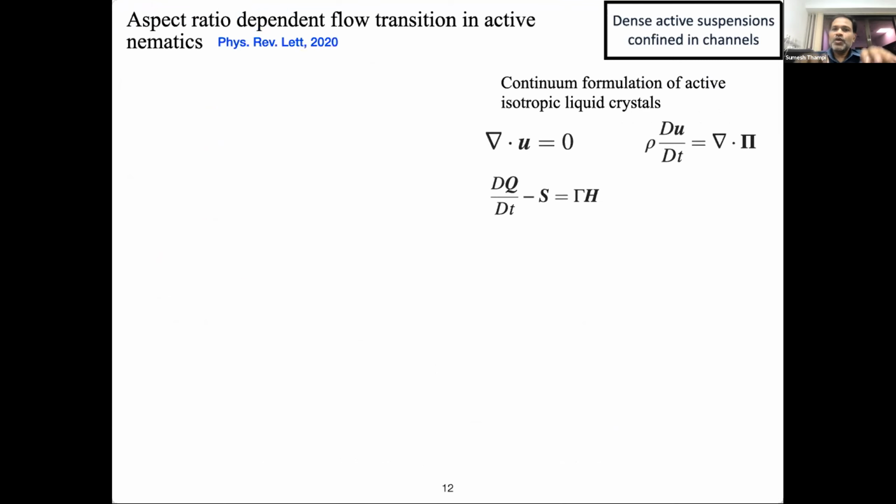So what we do is that we model these systems using the theory of liquid crystals. So for example, I don't know if people who attended last month's talk, there was a talk about what is a nematic liquid crystal and so on. So one could use a similar theory here.